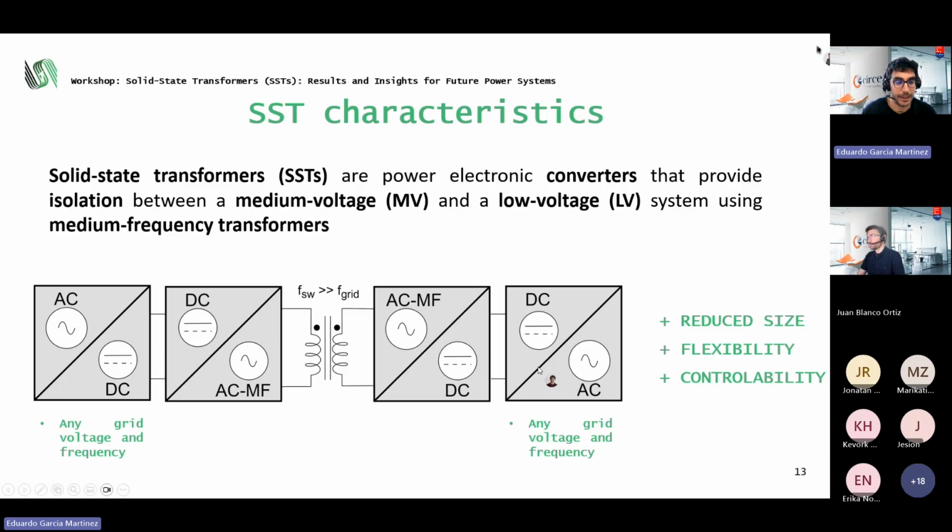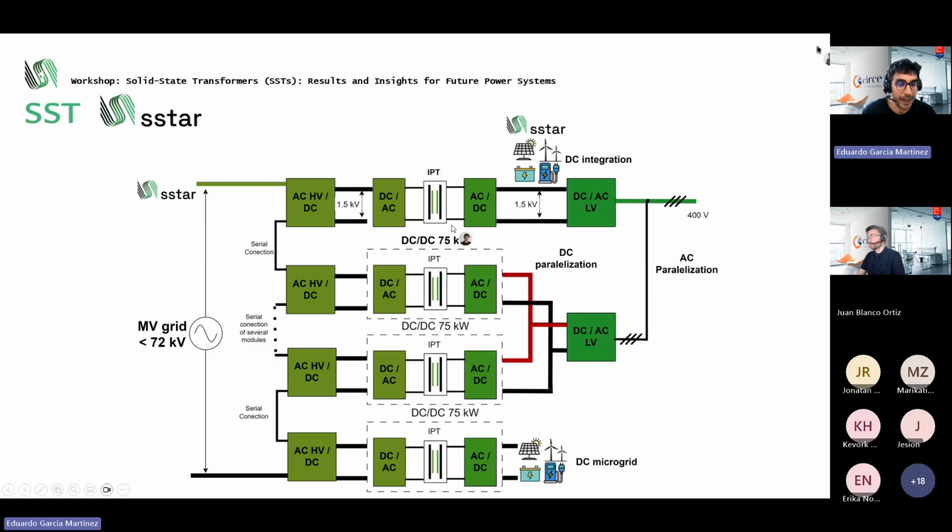So in this STAR project, we have done this baseline of a solid state transformer for a grid lower than 72 kilovolts.